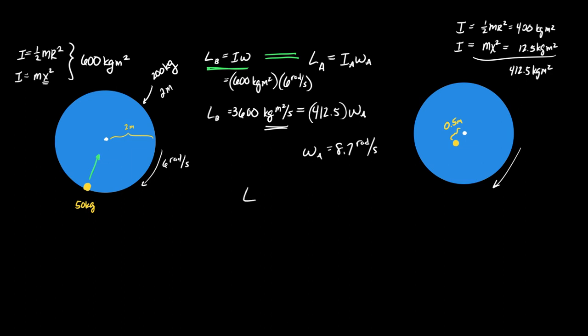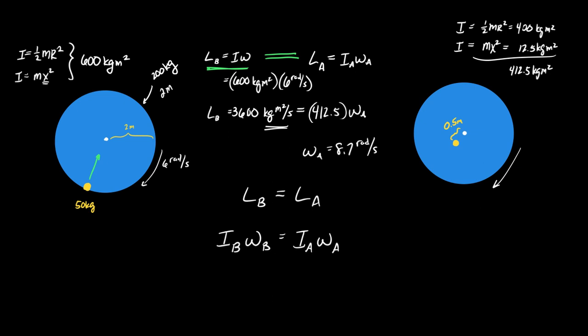So the angular momentum before its shape changes has to equal its angular momentum after its shape changes. In this case, it's the moment of inertia of the system before its shape changes times its speed before, which has to equal the moment of inertia after its shape changes times its speed after.